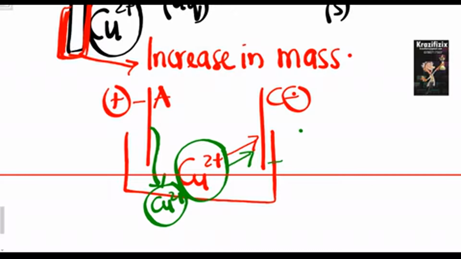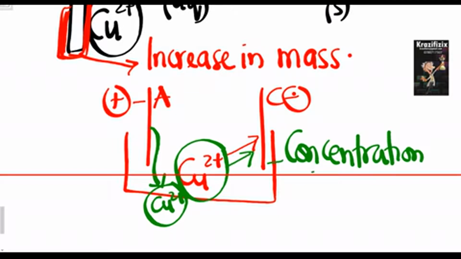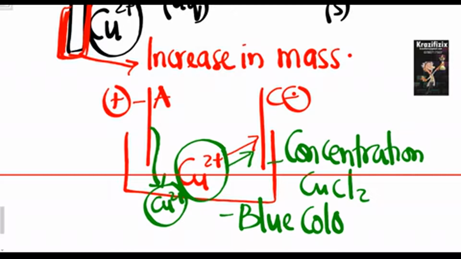So the concentration here does not change. The concentration of CuCl2, whether CuSO4, does not change, which means the blue color remains the same. The grade of the blue color in this particular setup will remain the same.